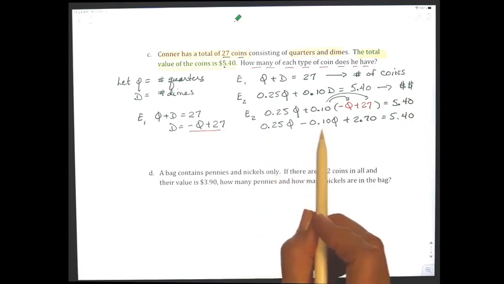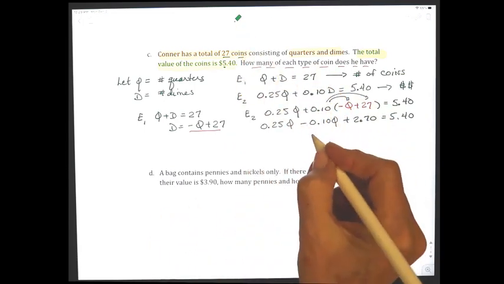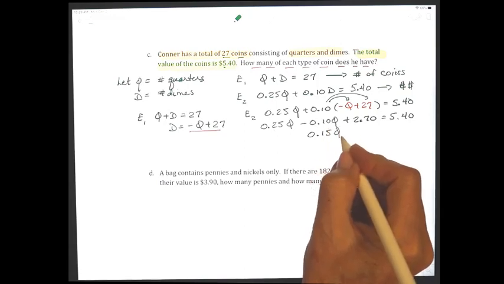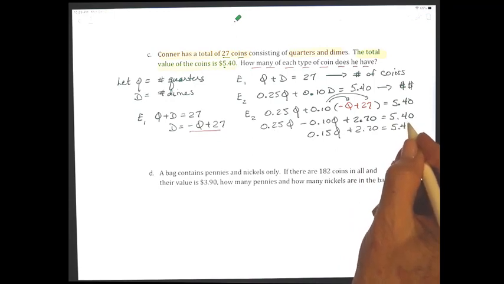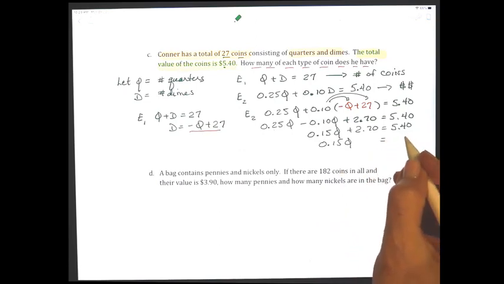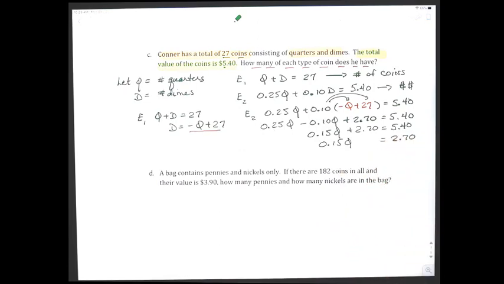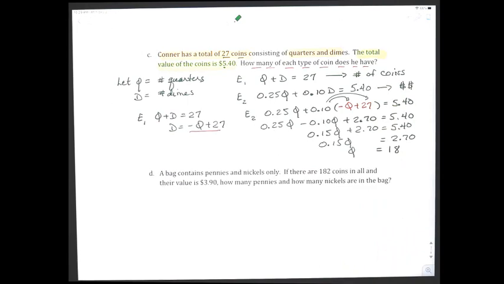And I'm noticing here that these two values of Q, I'm going to subtract 0.25, subtract 0.10, and that's going to give me 0.15. And I'm subtracting 2.7 from both sides, and then dividing by 0.15. And I'm going to get 18. So the number of quarters is 18.